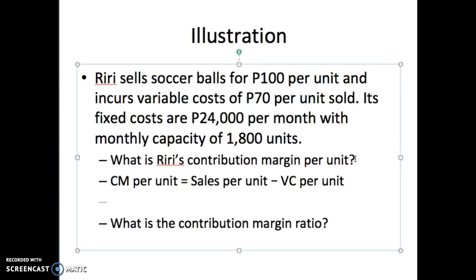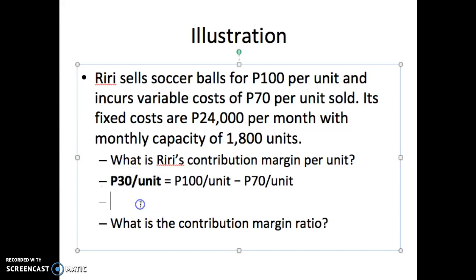Now, we already have the sales per unit. That's your 100 pesos. So 100 per unit minus 70 per unit, which means that our contribution margin per unit will be 30 per unit.